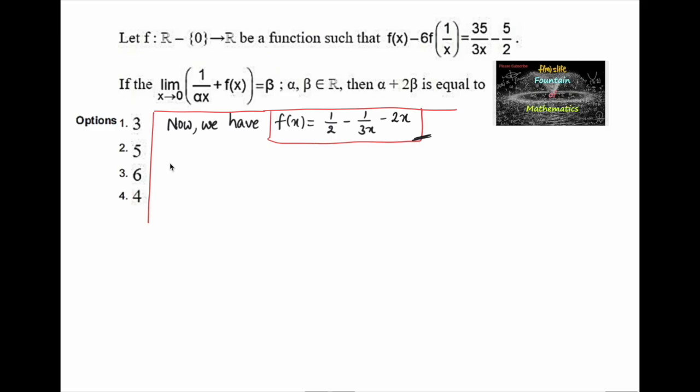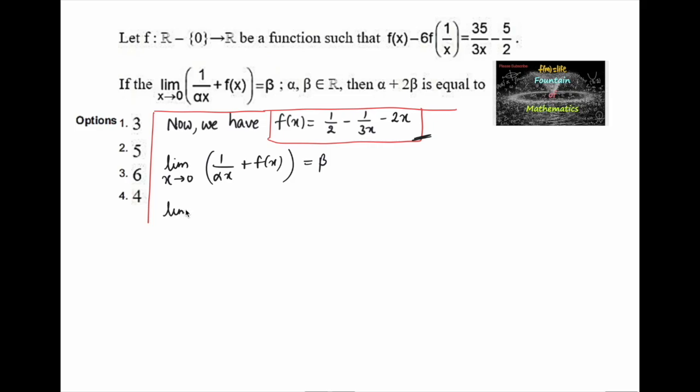Now let's consider the limit x tends to 0, 1 upon alpha x plus f of x, which is given as beta, where alpha and beta are real numbers.